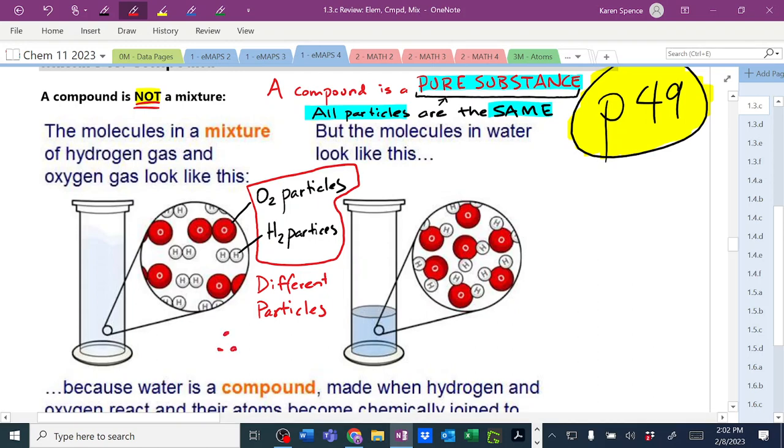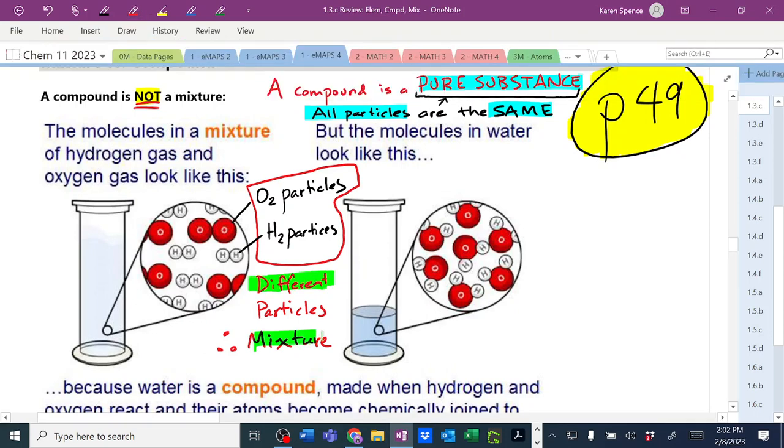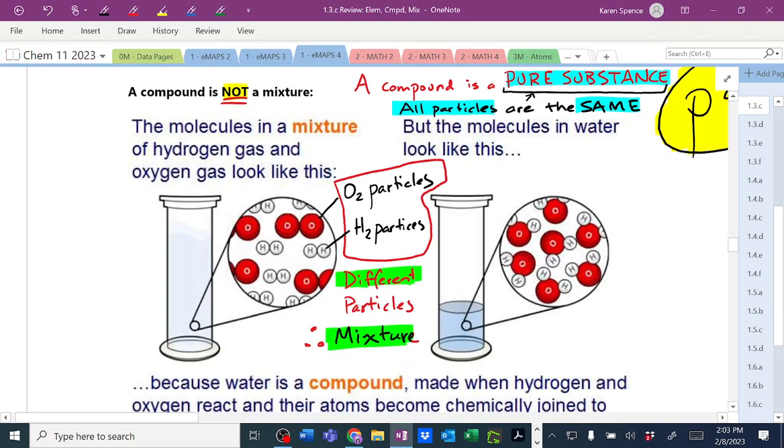So if the particles are different, we have a mixture. So different particles mean that it is a mixture. The H's are not bonded to the O's. So we have two separate elements, not a compound.